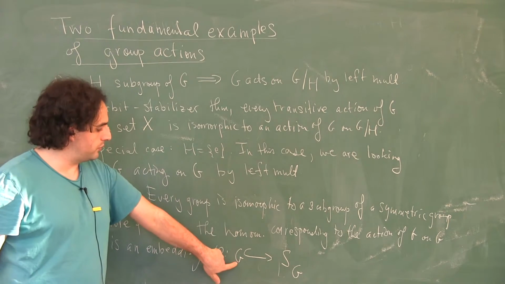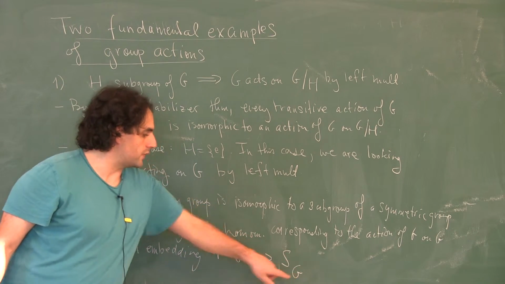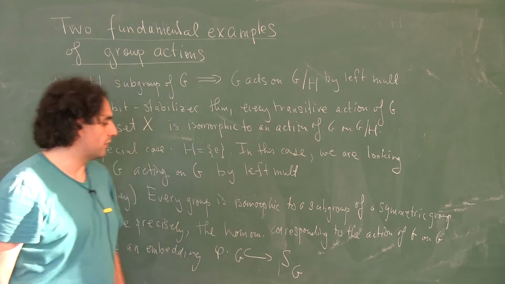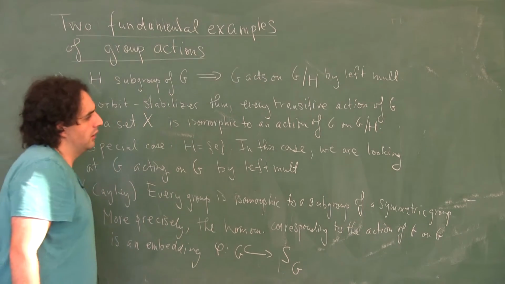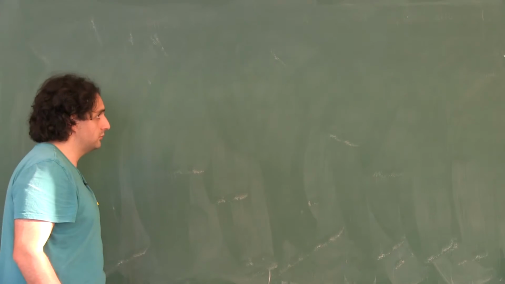So every group G is isomorphic to a subgroup of the symmetric group on the set whose elements are the elements of G. Okay. Good.